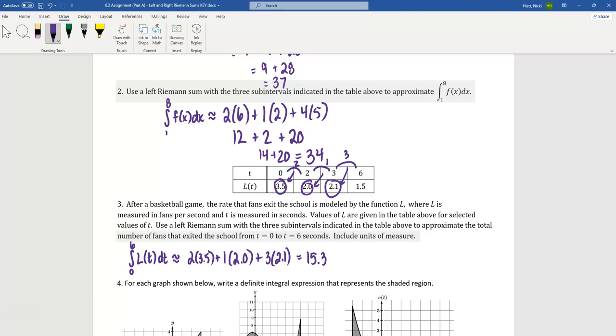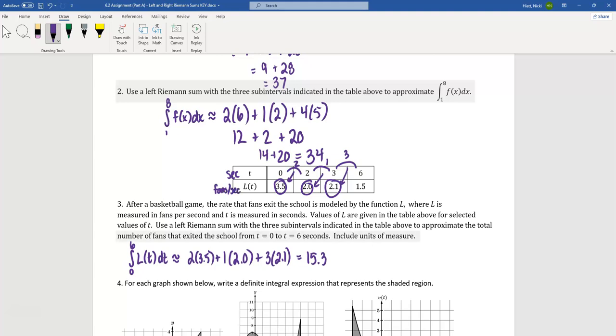So, this is good. Now we need to explain what's happening here, right? So it helps me to think about what was my T measured in? Seconds. And what was L of T measured in? Fans. Just fans? L is measured in fans per second.